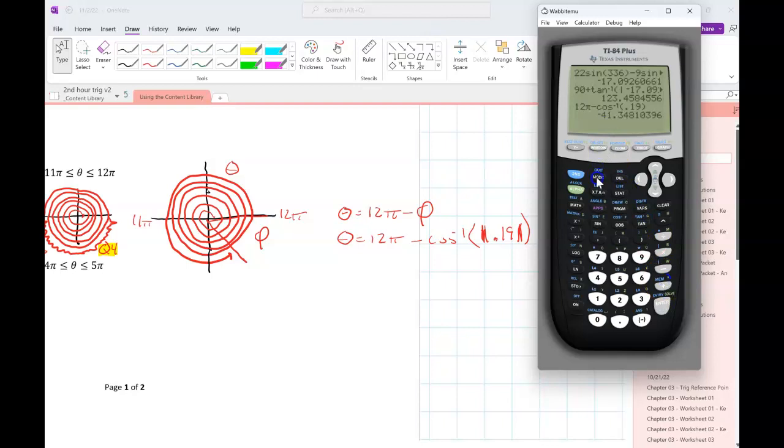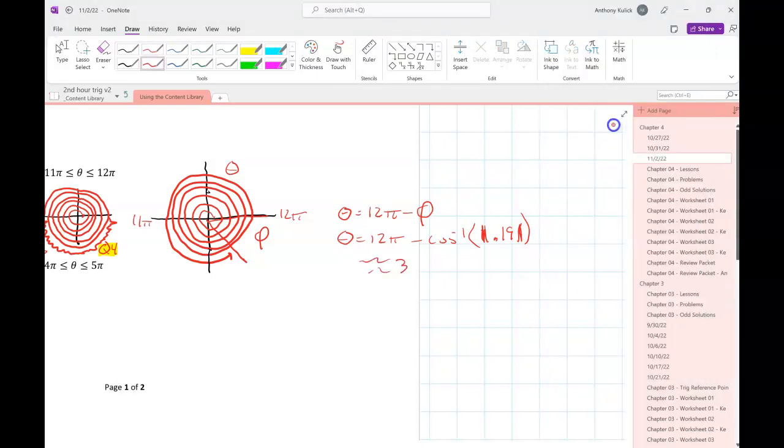What should I have checked before I did this? Yeah, I want to make sure I'm in degree mode. Uh-oh, SpaghettiOs, I wasn't. Try that again. There we go. 36.32 or thereabouts. What should I do to check that?